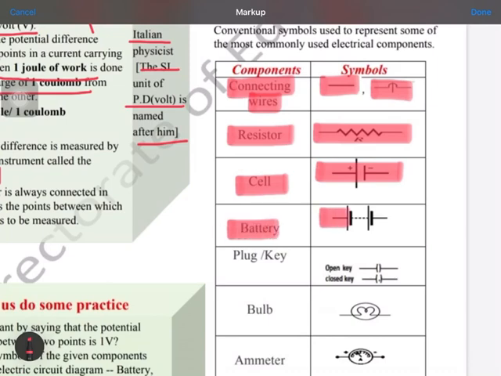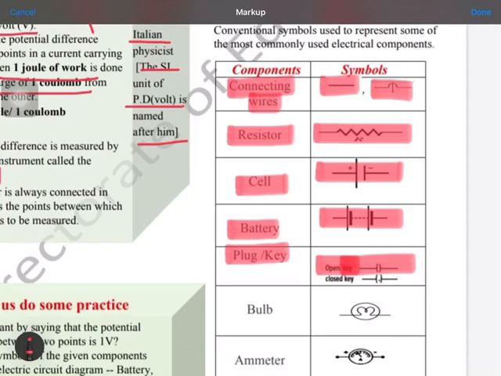Battery, this one. Along with this you have to mark the positive and negative symbol also, and each unit is representing one cell. So this is a 2-cell battery. If it is a 3-cell battery, then one more unit you have to make. Plug and key: when two brackets are there without any dot in it, it is called an open key.